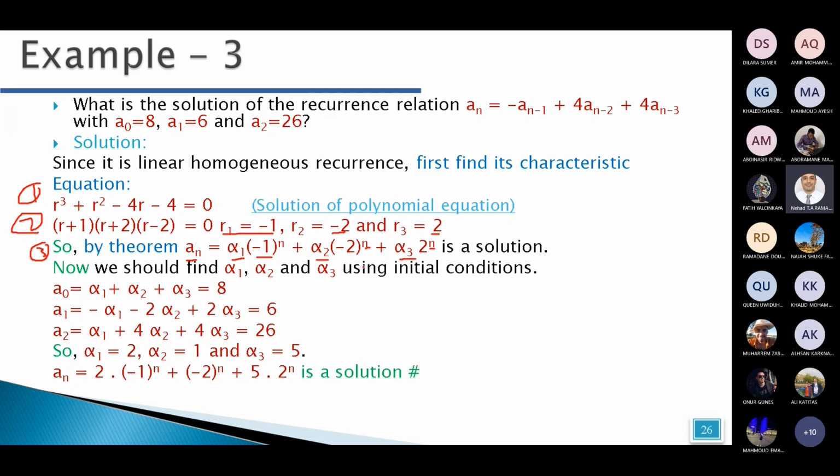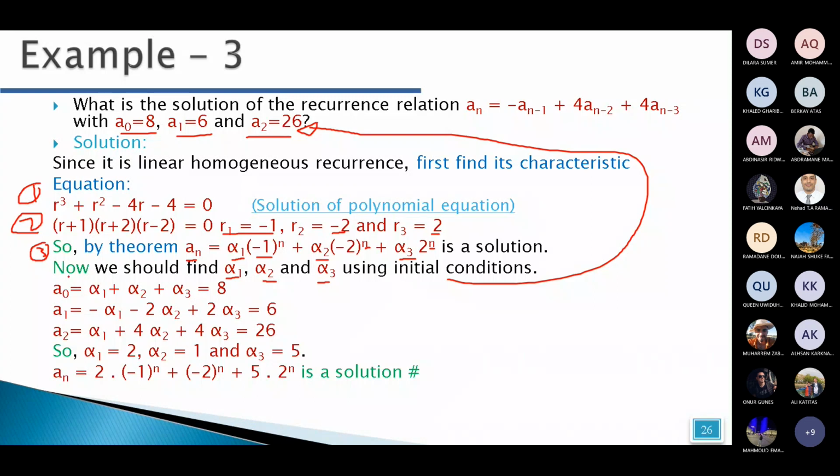So each solution of the characteristic equation to the power n is multiplied by alpha. So we have 3 alphas. We can solve for them using the initial conditions. Because we have three constants, we need 3 initial conditions here.